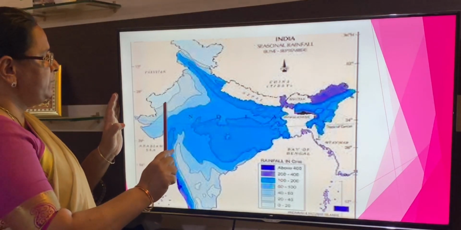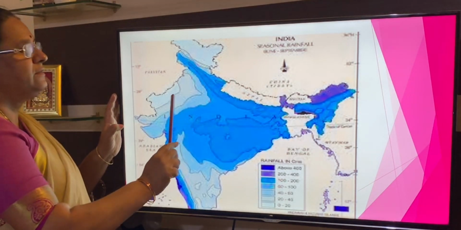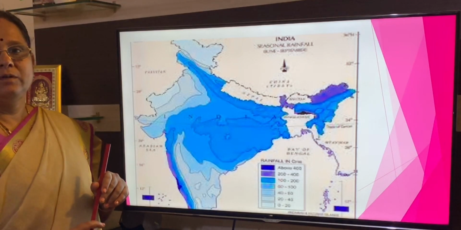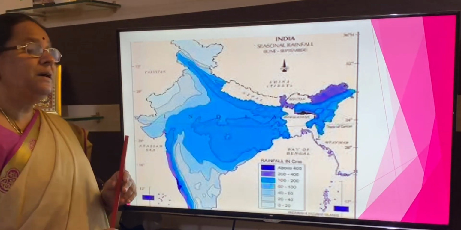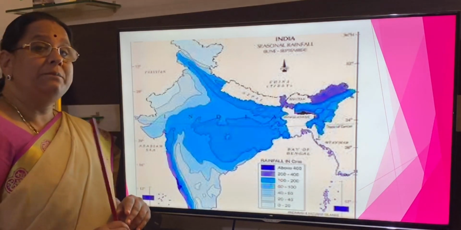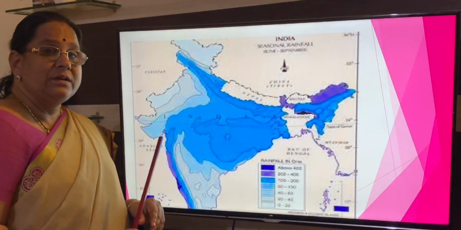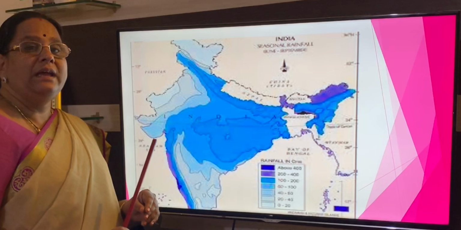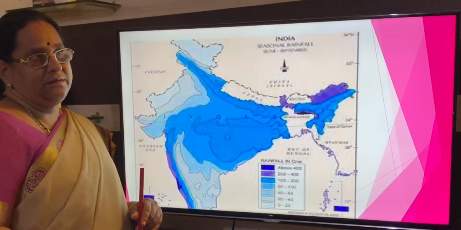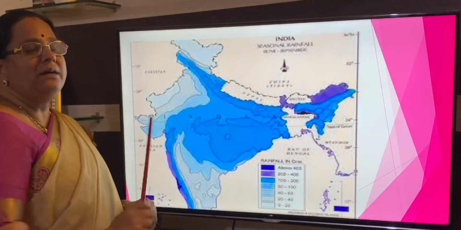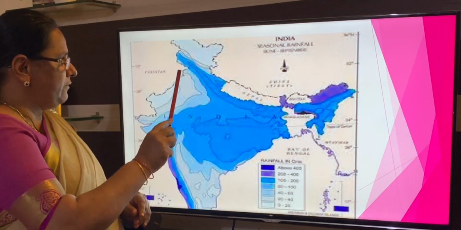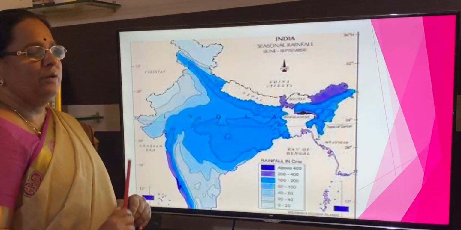So these are the places where we receive less rainfall. I have told you about one particular place, Jaisalmer in Rajasthan, which receives the least rainfall, that is 8.3 centimeters. So you have to remember this.